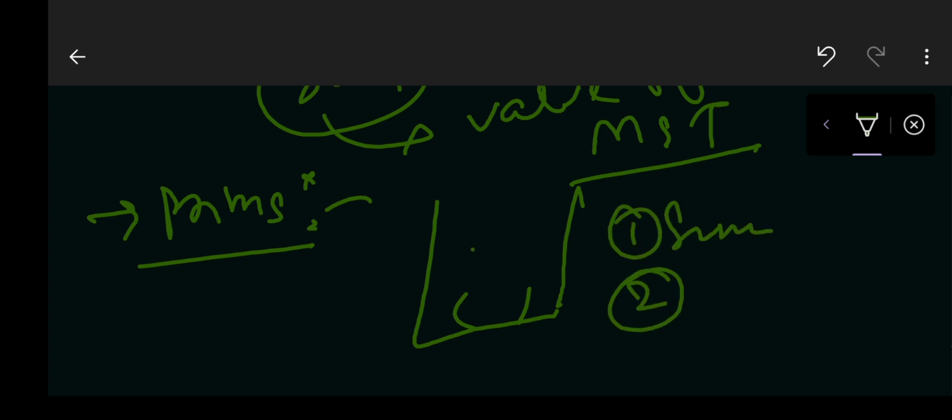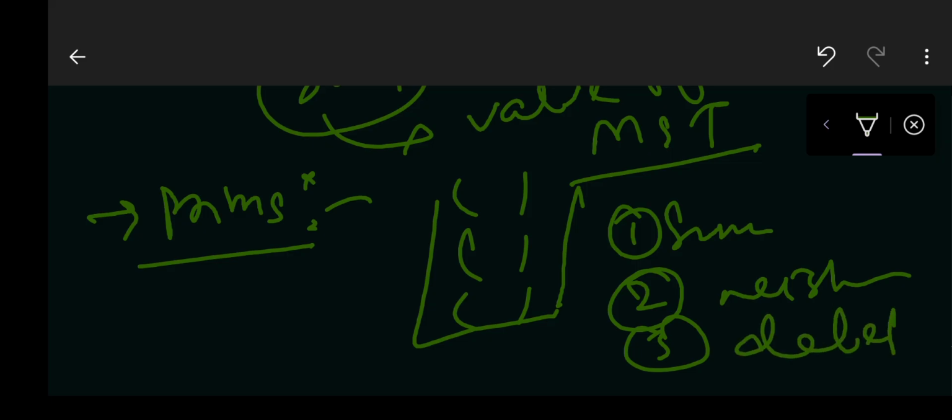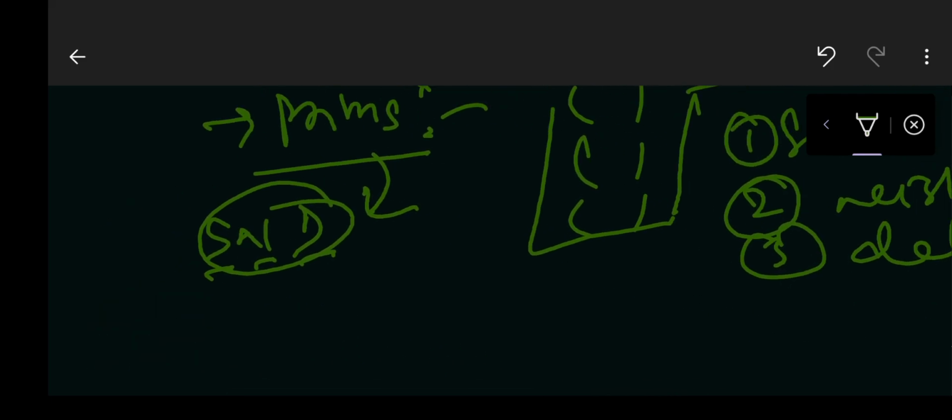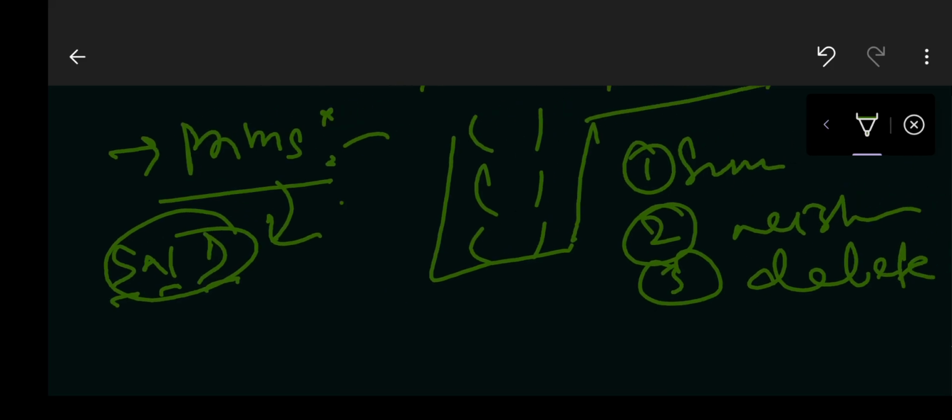After that we pushed the information of their neighbors, and then the third step was delete. So the thing is S and D, sum, neighbor, delete. This is Prim's algorithm. Okay, now if you understood 10%, go and write it, you'll get 5 to 6 marks.